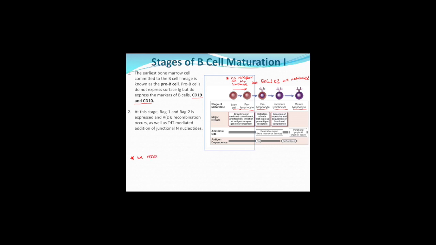So when you see this on the surface of the cell, you know that it's been committed, or the differentiation process has started going from a stem cell into a B cell lineage. Because these two markers are expressed right through the lifespan of that cell, from this pre-B cell into a functional, mature B cell.